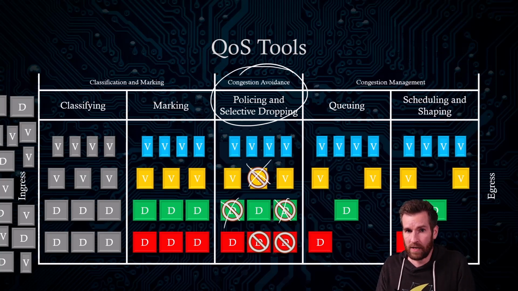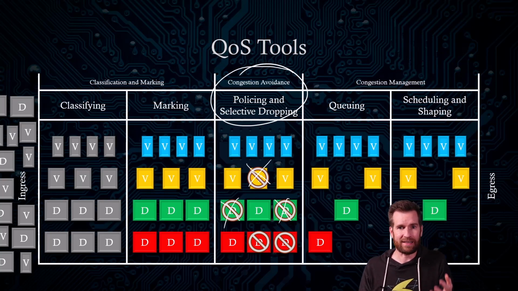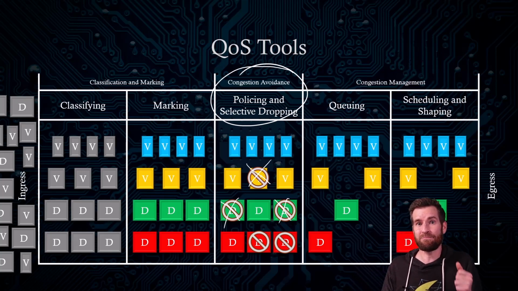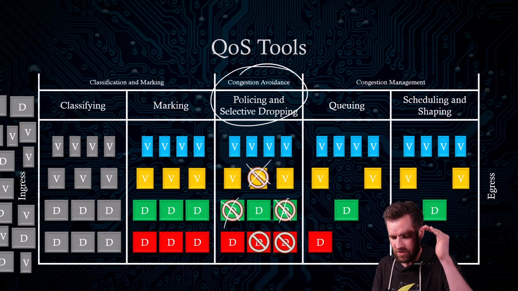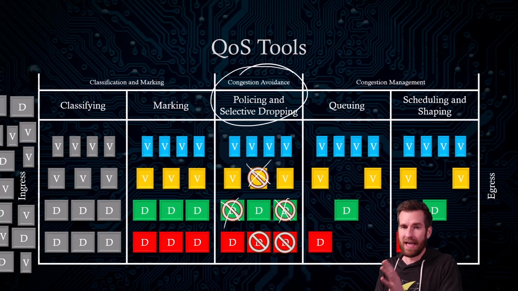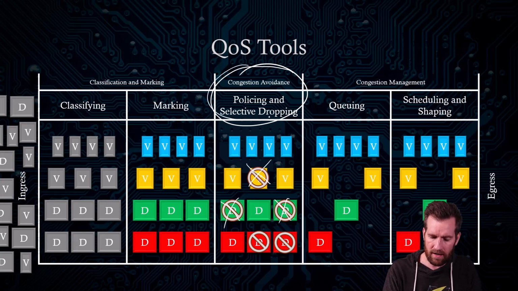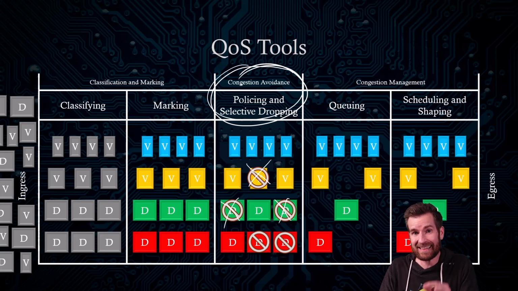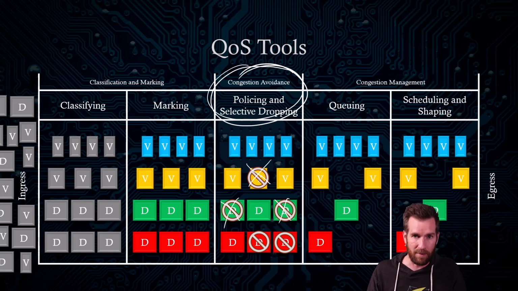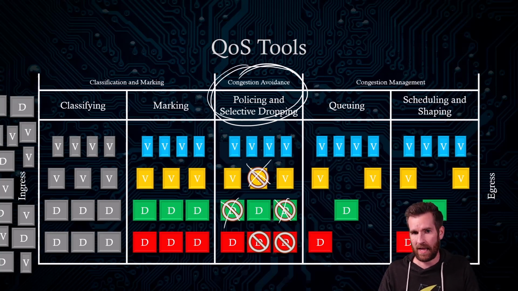It's still not great. If we're dropping traffic, that's not a good thing, but it's better than all of our traffic just tanking and then having extra bandwidth and creating these waves. So it's better than nothing. Congestion avoidance allows us to detect this early and then start dropping those packets before it becomes really problematic.